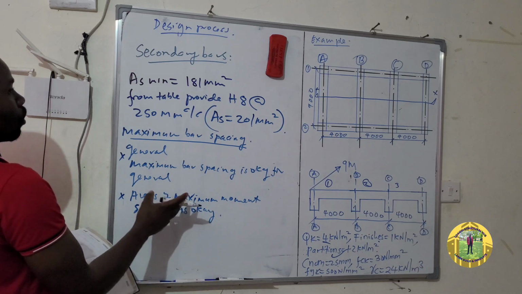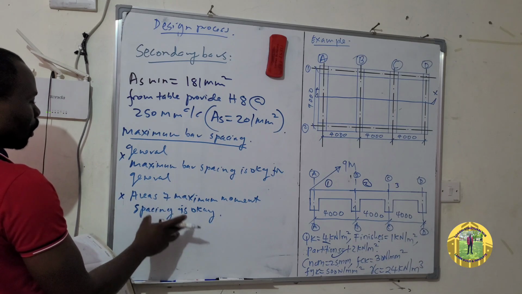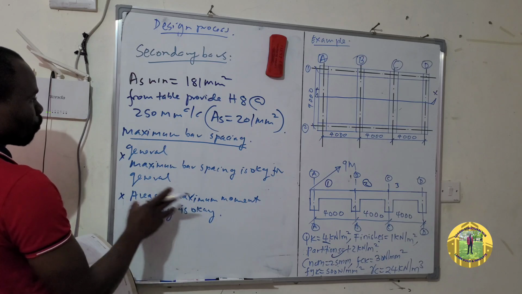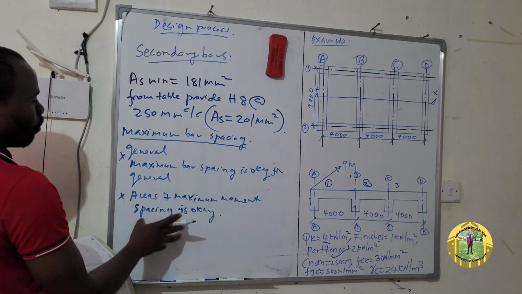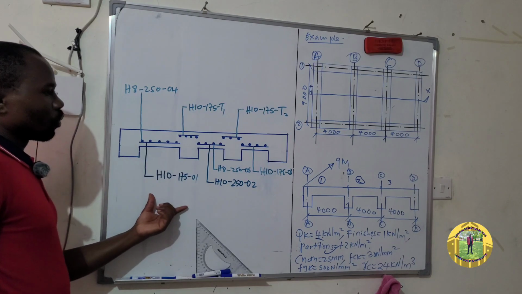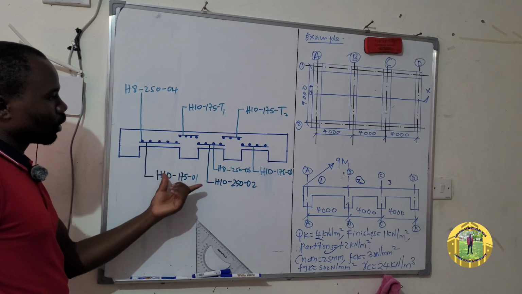So no need for us to do the calculation because this is a replica of what we have already done. So the maximum bar spacing remains the same, which is okay. So this is how you present your reinforcement on the section.